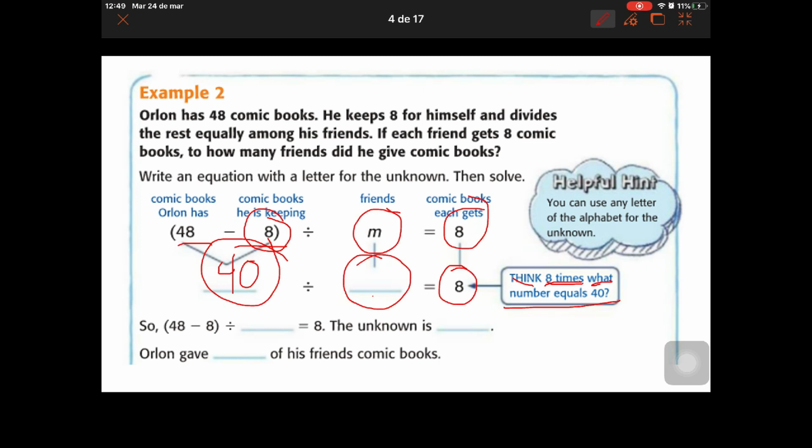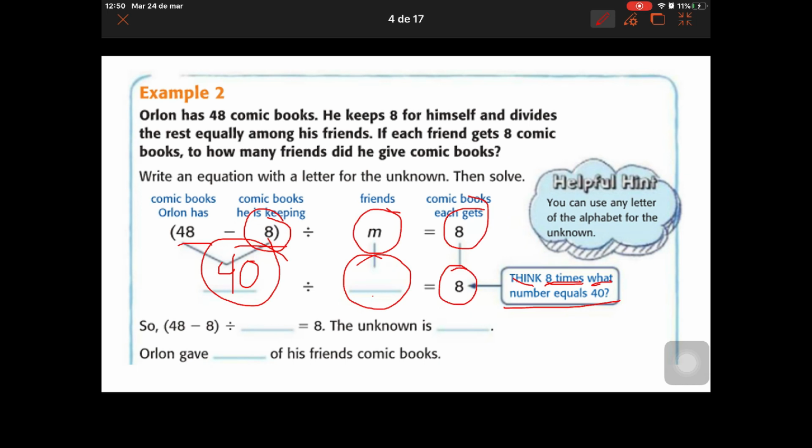Do you remember the table of the 8? 8 times 1 equals 8, 8 times 2 equals 16, 8 times 3 equals, and so on.